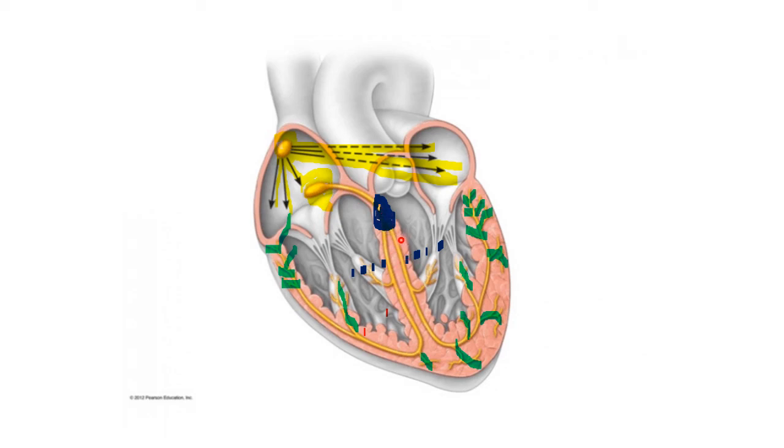The bundle of His branches off into the left and the right. Okay, impulses are carrying down to the apex of the heart. Well, Purkinje fibers are then also going to branch off again into the ventricle walls, carrying this impulse to conduct a contraction. So all of this happens in a sequence of events.